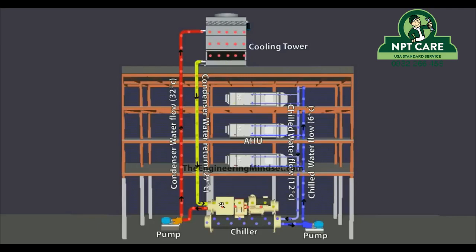So the heat that is picked up in the condenser is then pushed in another circuit up to this pump here, the centrifugal pump, and that is pushed up into the cooling tower, where the air is forced by a fan inside, and that dissipates and rejects the heat from the building. So this water then returns at a cooler temperature. You can see it's being sent up at 32 degrees Celsius, and it's coming back at 27 degrees Celsius. So this water returns back to the condenser, ready to pick up more heat from the chilled water system and reject the heat from the building.